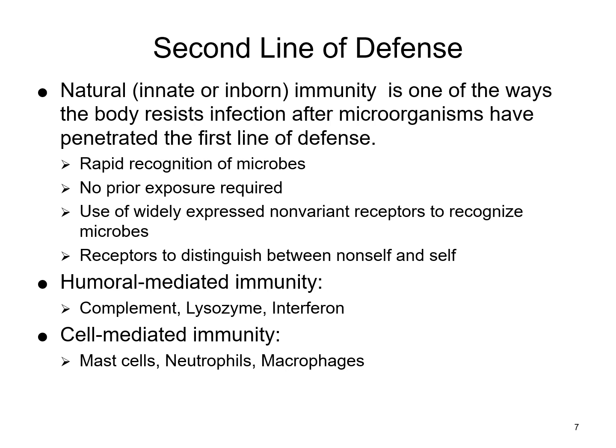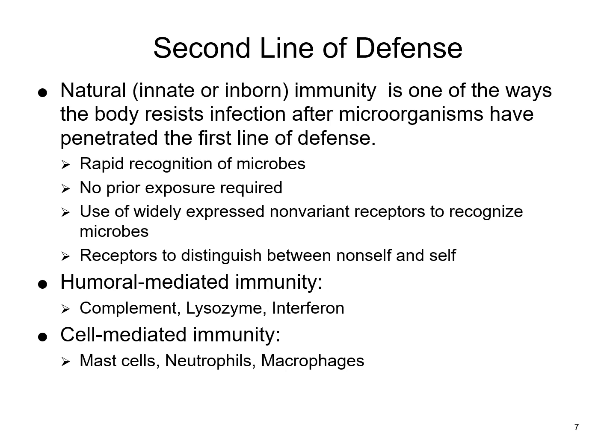The unique characteristics of innate immunity include rapid recognition of microbes. You don't have to have any sort of prior exposure in order for it to work. It uses widely expressed non-variant receptors to recognize microbes, and receptors that distinguish between non-self and self.